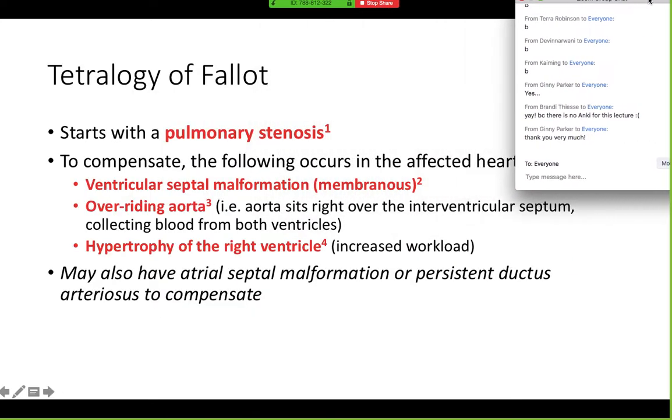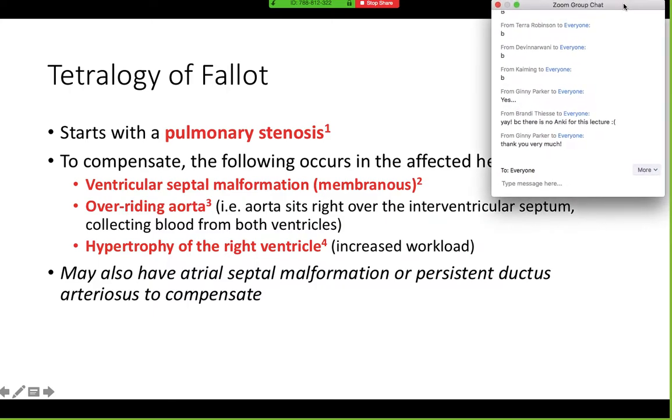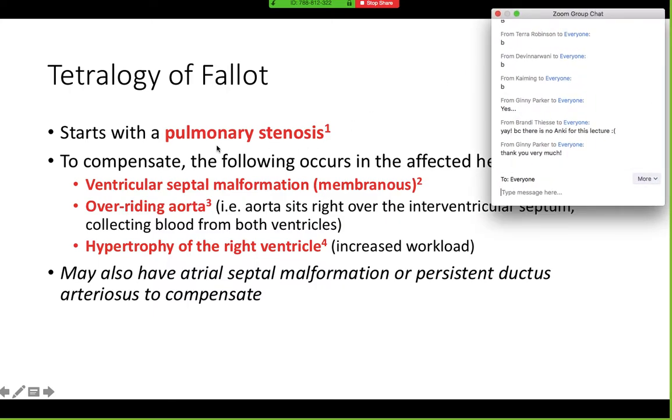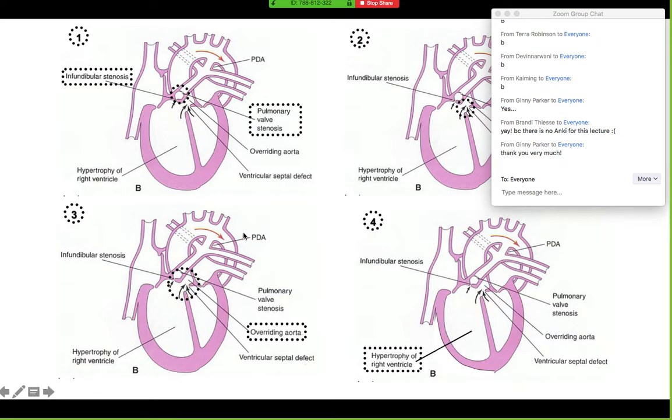Okay, so he definitely asked us a question about the tetralogy of Fallot last year. All right, so I'm going to go on to this slide. Okay, so tetralogy of Fallot starts with a pulmonary stenosis, okay?